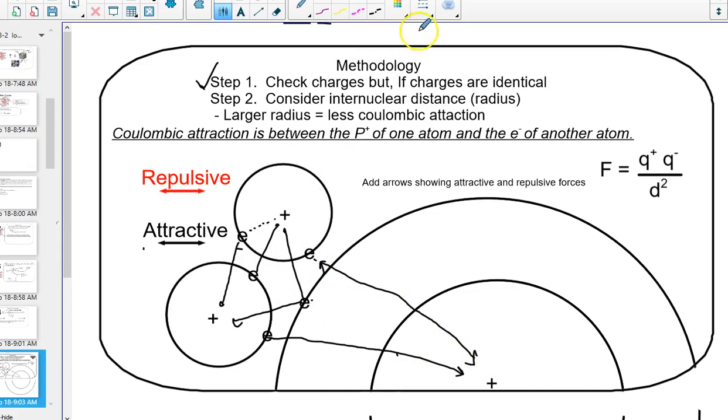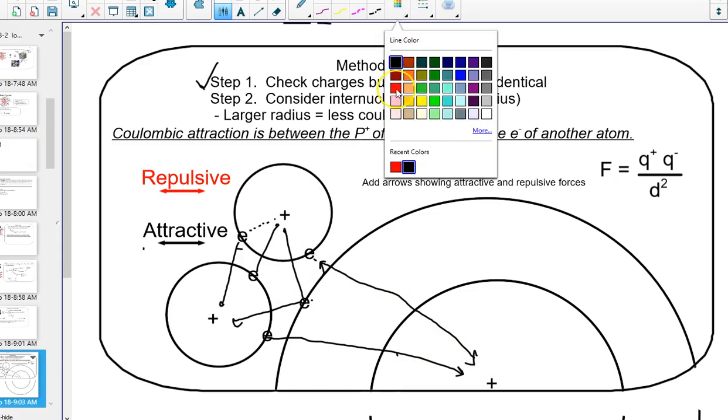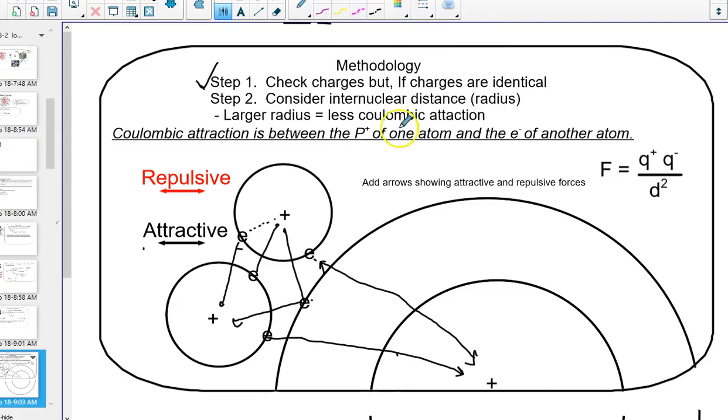And of course, we also have some repulsive forces. Those are definitely going to be in play here. This is the reason why electrons don't crash into the nucleus. So we'll have some repulsive forces here, here, here, here, and you actually have repulsive forces here. Okay. So there's a balance between repulsive forces and attractive forces.